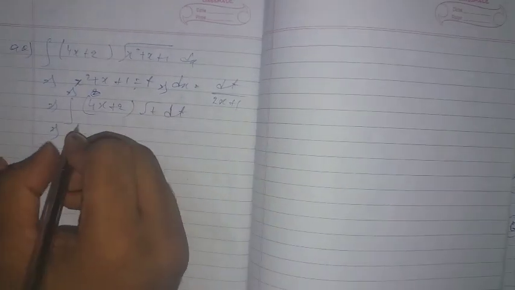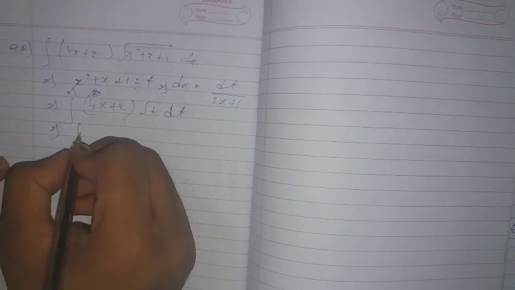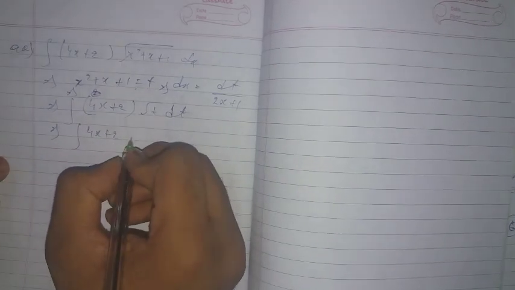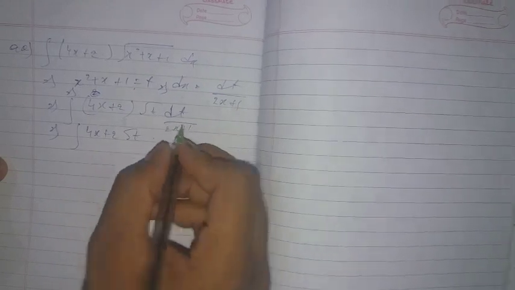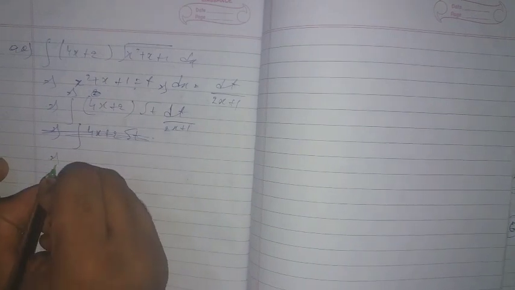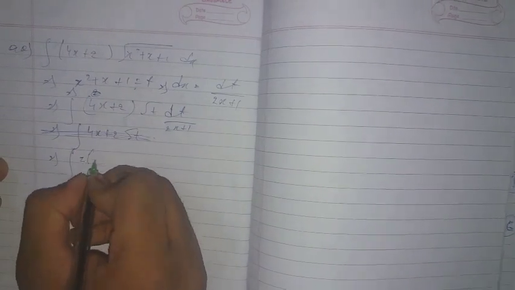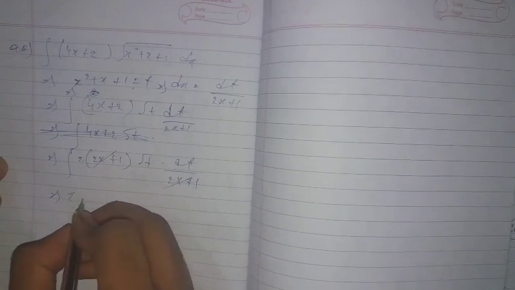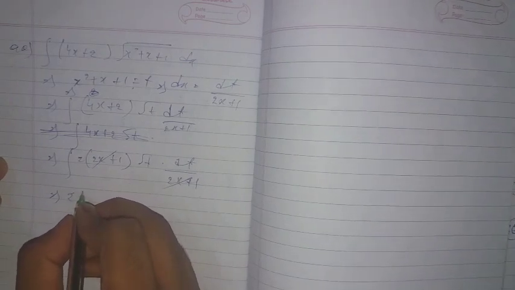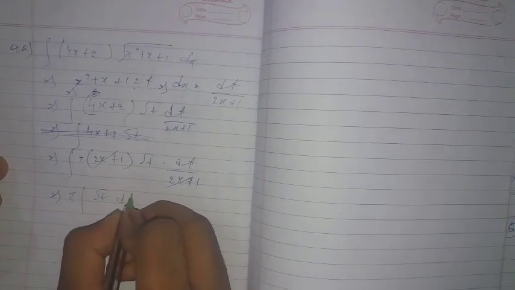So integration of 4x plus 2 root t into dt by 2x plus 1. We can write 4x plus 2 as, by taking 2 common, 2 into 2x plus 1, right? So 2x plus 1 cancel out each other. 2 will come outside as it is a constant, so we get root t dt.